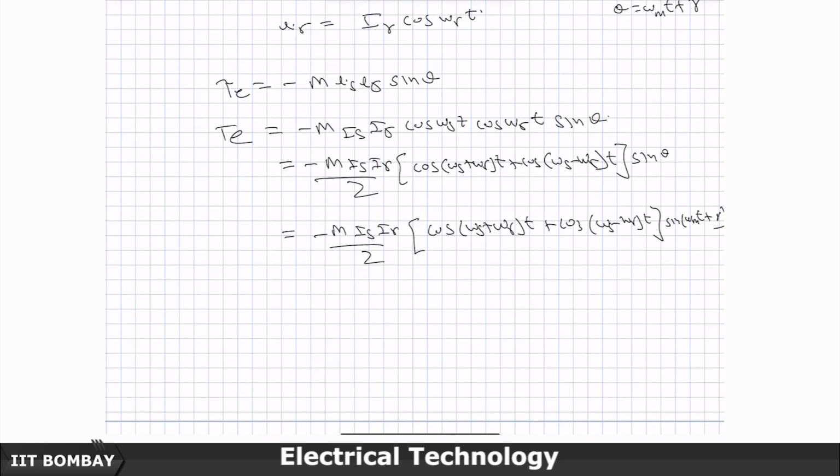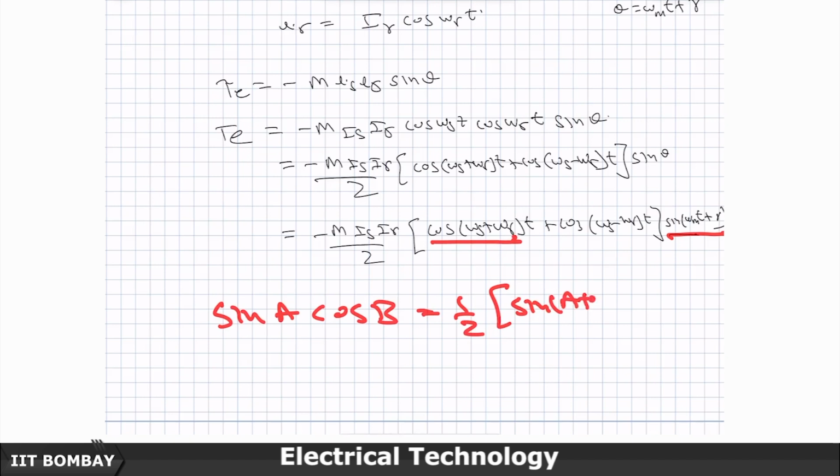Now, this I will treat as sin A, this I will treat as cos B. So, sin A cos B is half of sin of A plus B plus sin of A minus B.